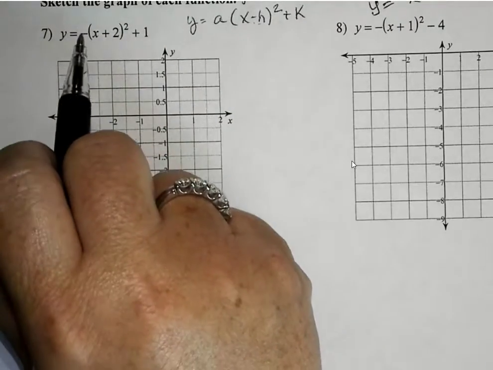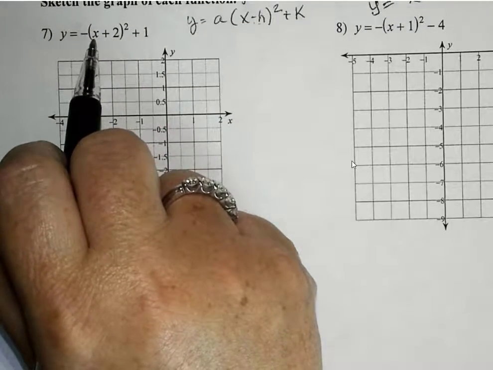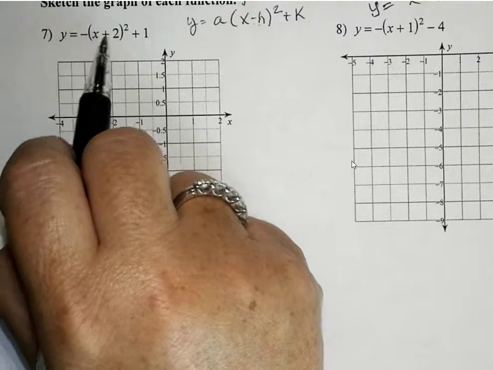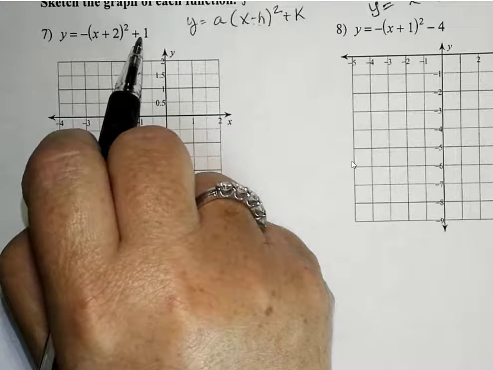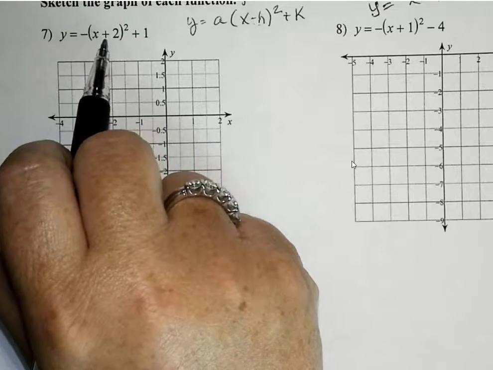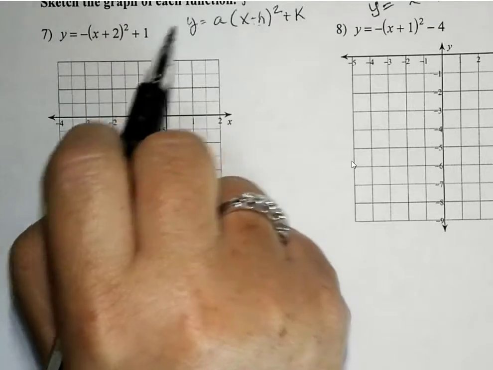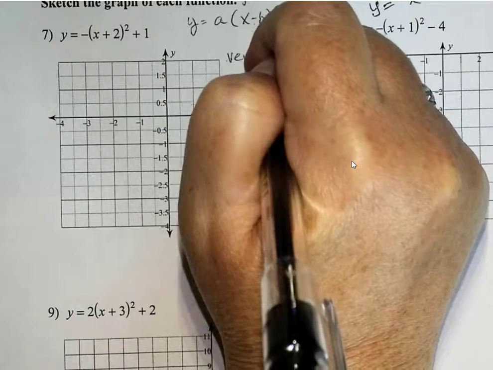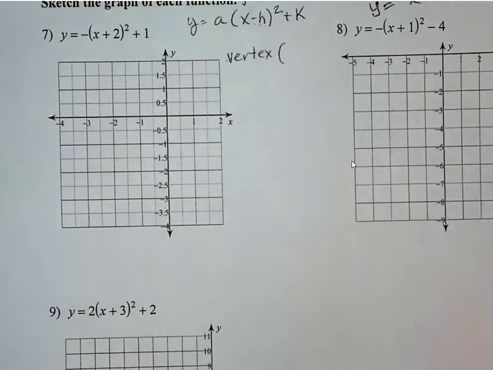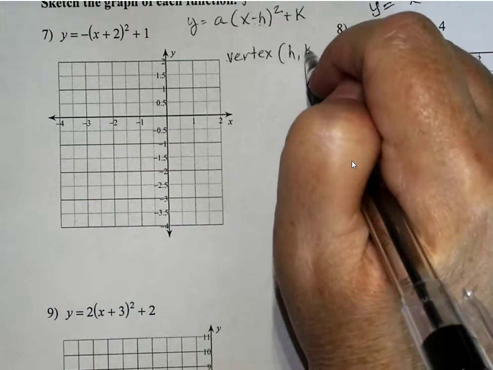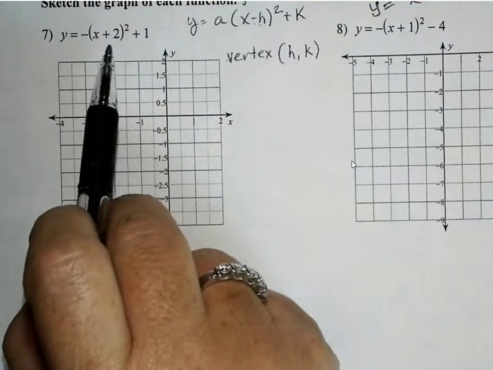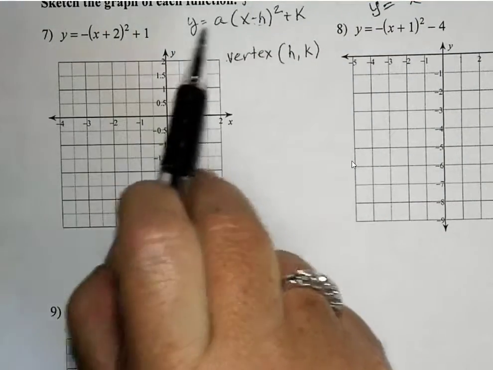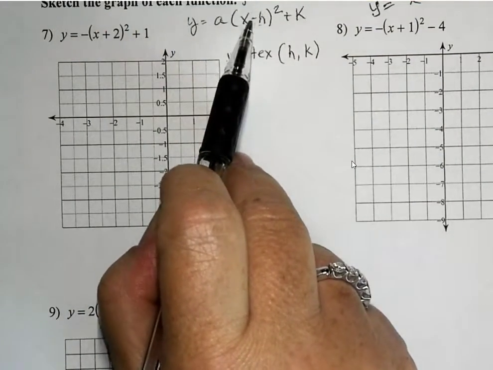So if I have y equals the opposite of the quantity x plus 2 quantity squared plus 1, what I am looking for, because this is the vertex form, is to find the vertex first. The vertex is going to be located at h comma k. Well, here's h, here's k, but the template says take the opposite of h.